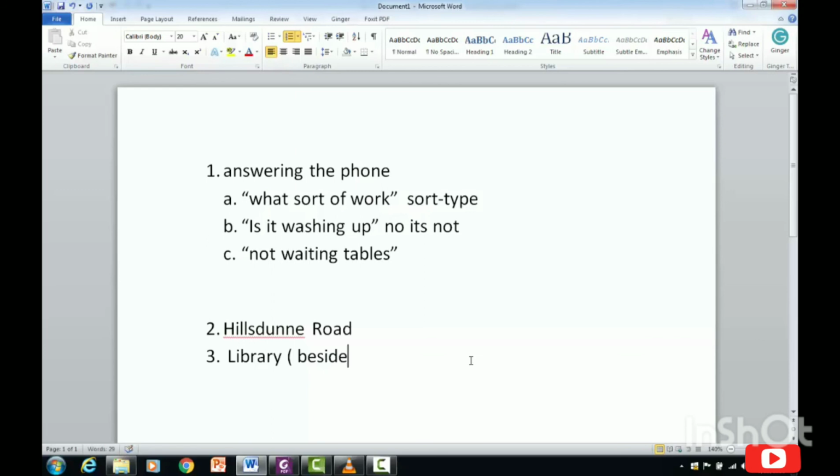They said beside the, which is a synonym for next to. So when you heard beside the, that's the same as saying next to: beside the library, next to the library. Again, connect an answer to the synonym language for what comes right before the blank line.